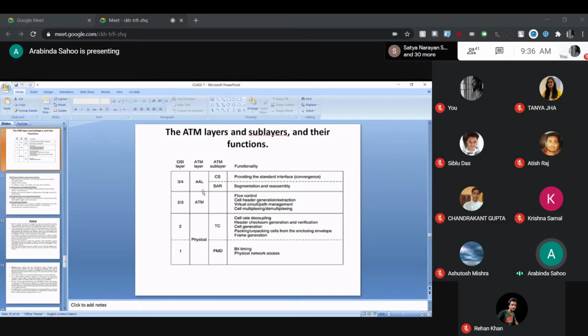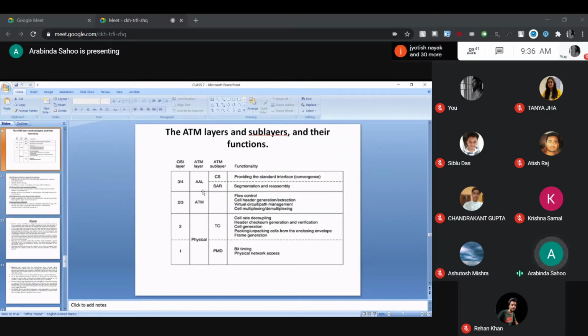The AL, that is the ATM adaptation layer, is equivalent to layers 3 and 4 of the OSI model, the ATM layer is equivalent to layers 2 and 3 of the OSI model, and the physical layer of ATM is equivalent to layers 1 and 2 of the OSI model.